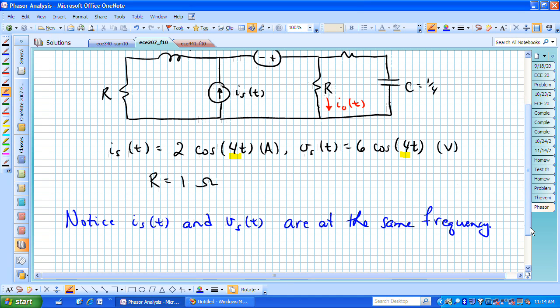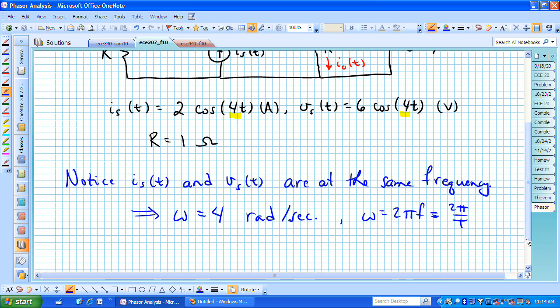And I think it's pretty clear that that frequency for this particular problem is 4, and the units on that frequency are radians per second. Remember, omega is 2 pi f, which is equal to 2 pi over the period of that waveform, if you need to relate hertz or radians per second or period of oscillation in a given problem.